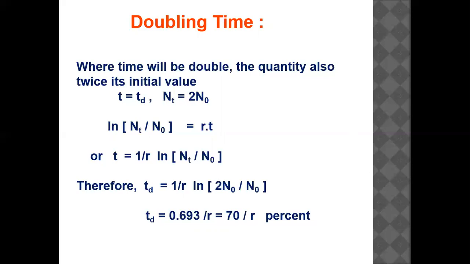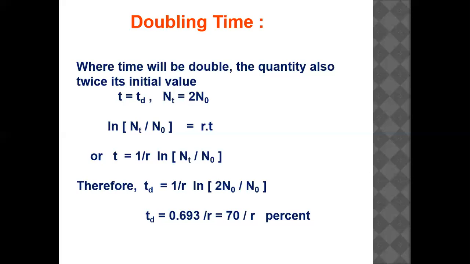Solving this equation, we get td is equal to 0.693 by r. If we put the value of r in percentage, then td is equal to 70 by r percent.